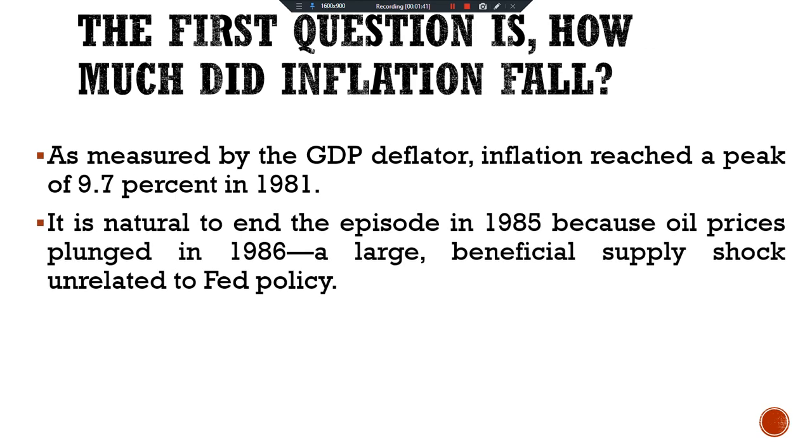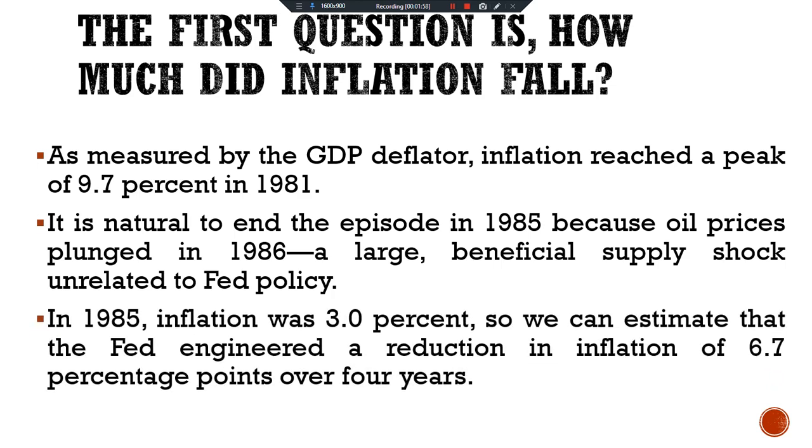It is natural to end the episode in 1985 because oil prices plunged in 1986, a large beneficial supply shock unrelated to Fed policy. In 1985, inflation was 3%, so we can estimate that the Fed engineered a reduction in inflation of 6.7 percentage points over 4 years.